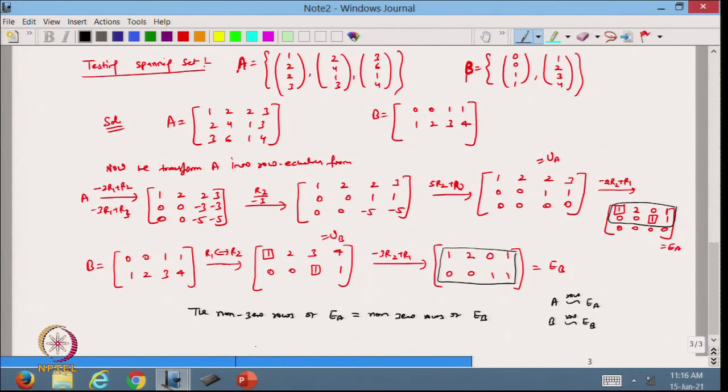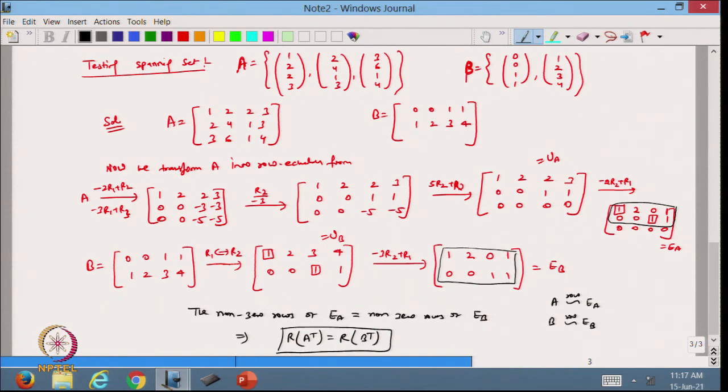So, from here I can say that the range space of A transpose will be the same as the range space of B transpose.